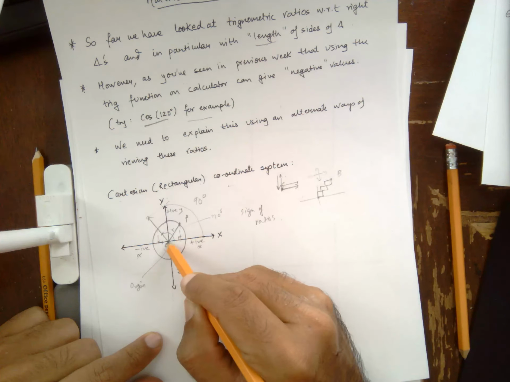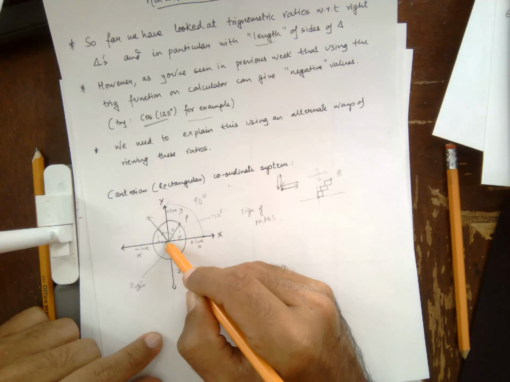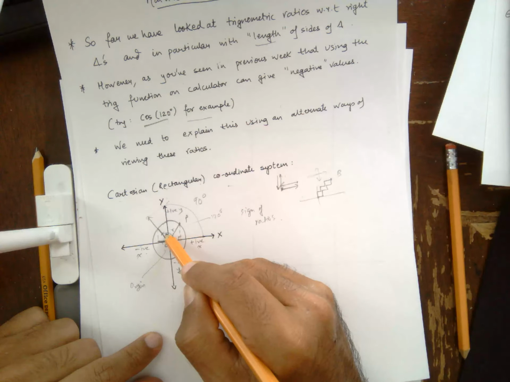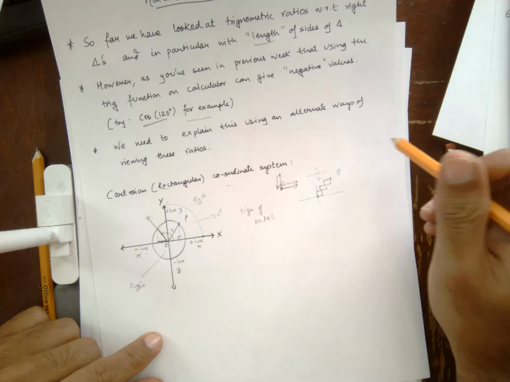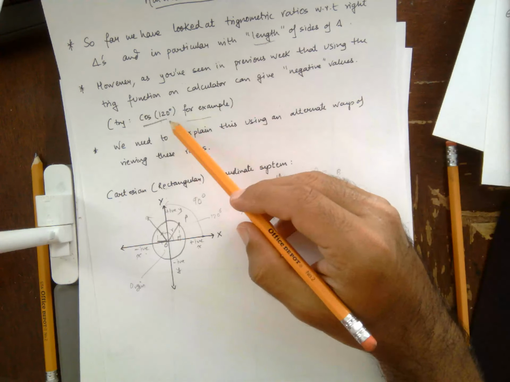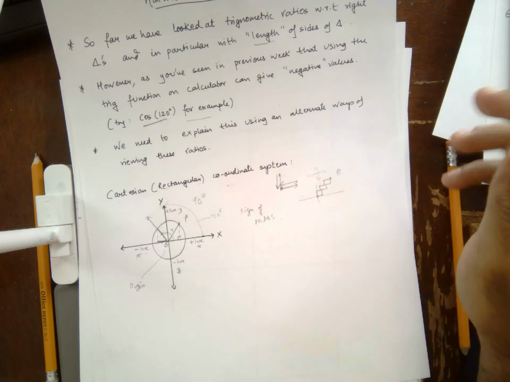The hypotenuse is a radius, it's positive, but this side here is on the negative side. And when you divide a negative by a positive, you end up with a negative number. So that explains why this comes out to be a negative value.